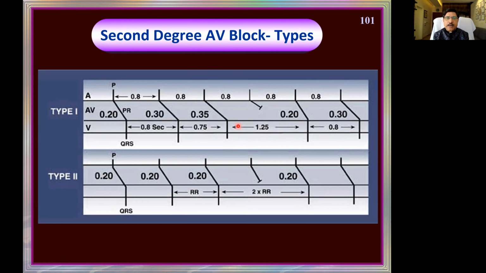And this pause is greater than the sum total of the two previous RR intervals. And the one before is smaller than the one after, or the RR interval after is larger than the one before. If these conditions are satisfied, it is called type 1 or Wenckebach phenomenon.